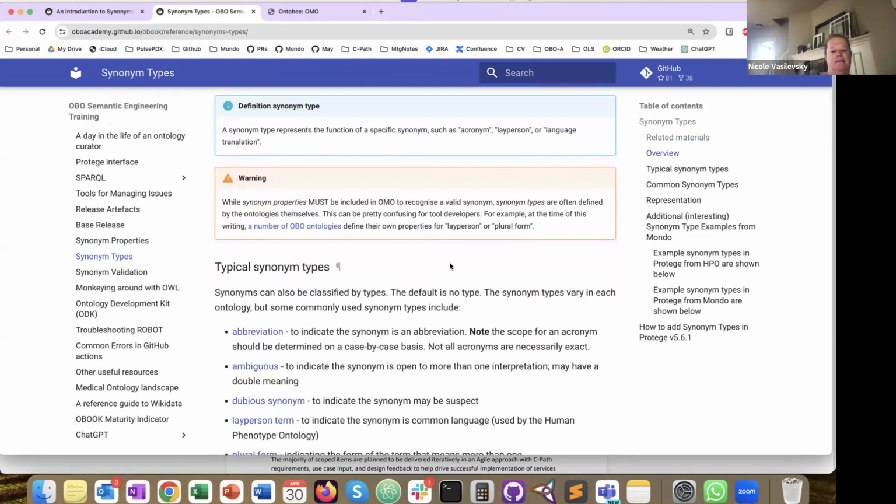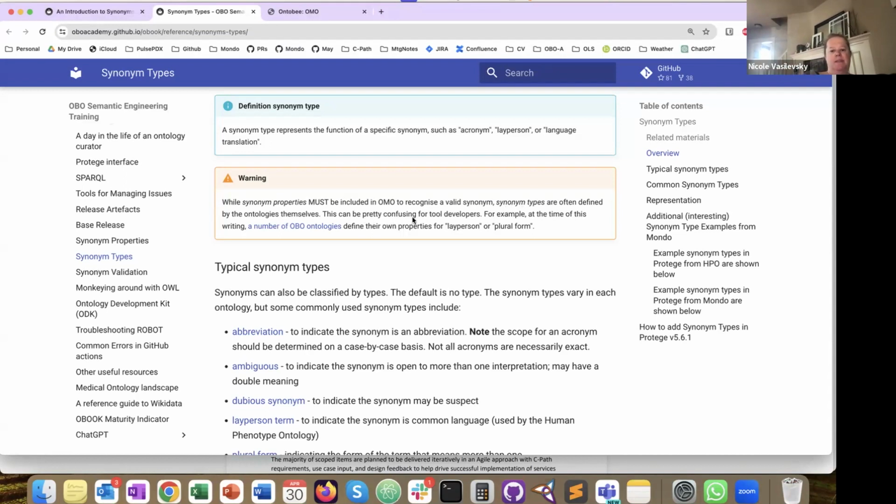The synonym properties must be included in OMO to recognize a valid synonym. And I think in every ontology, you would have to specify if it's exact, broad, narrow, or related. There's no possibility just to say it's a synonym. It has to have a specific synonym type, or synonym scope.